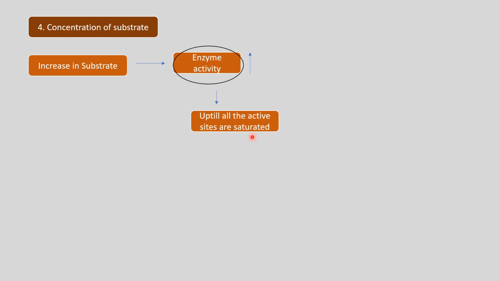After this point, the rate of enzyme reaction becomes steady because there is no active site that can accommodate the substrate, since all the substrate have already occupied the active sites. As the active sites get occupied, there is no empty active site, and hence the enzyme reaction will become steady, right?